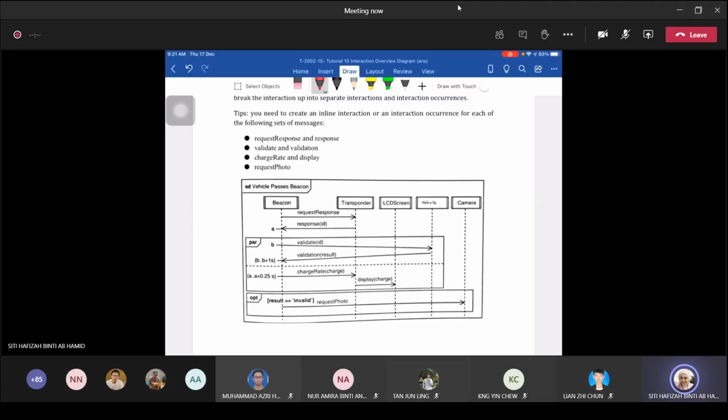And then you have, yes, that's the one. So for this sequence diagram, you have a parallel process and an optional op. Okay, so how do you convert this vehicle passes beacon into IOD?